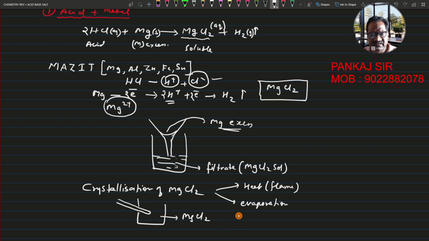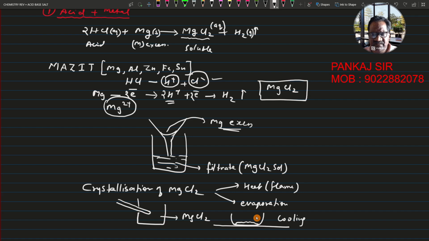So you can shift the place and take this to some other place where you have kept it for cooling. When this cooling is happening, crystals start forming, and as it goes on cooling, more and more crystals come up in the beaker.